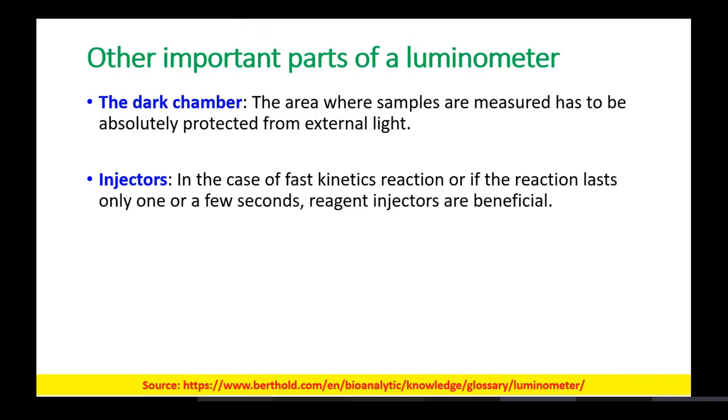We have discussed the dark chambers. We have discussed the injectors, how injectors can play an important role in understanding the kinetics of a reaction, or if there are any reactions which happen very quickly, how we can capture the signals with the help of the injectors. And we had also discussed the different types of luminometers.